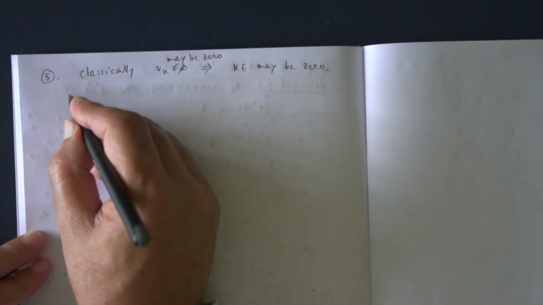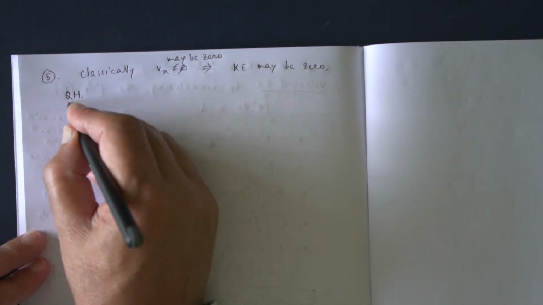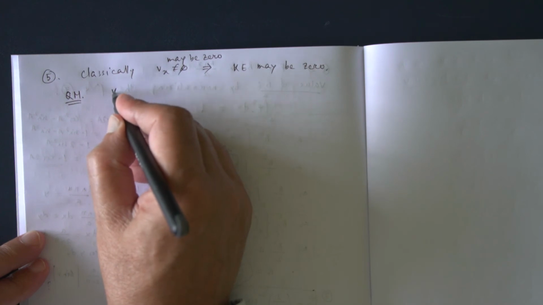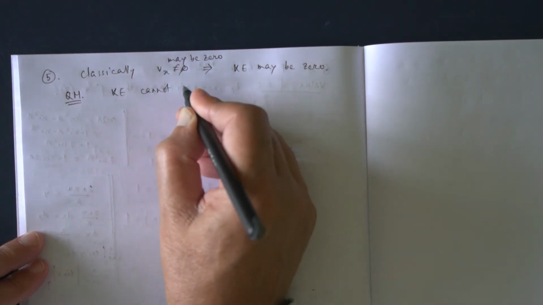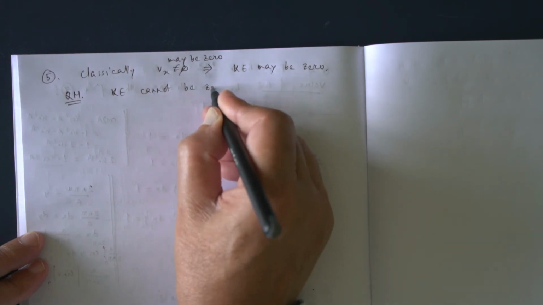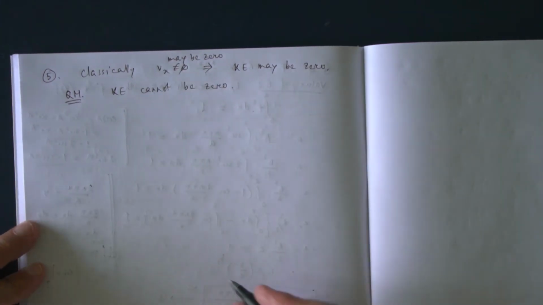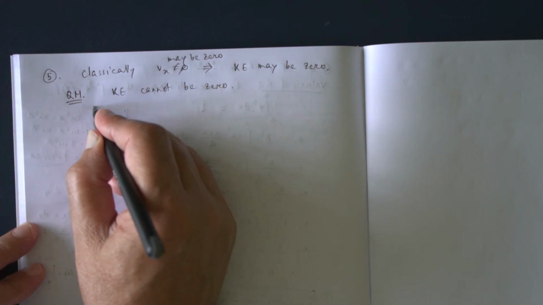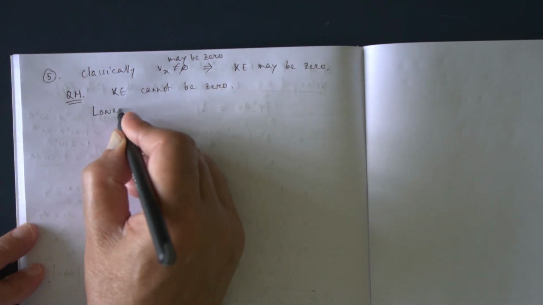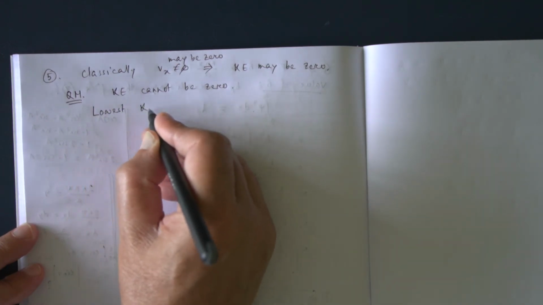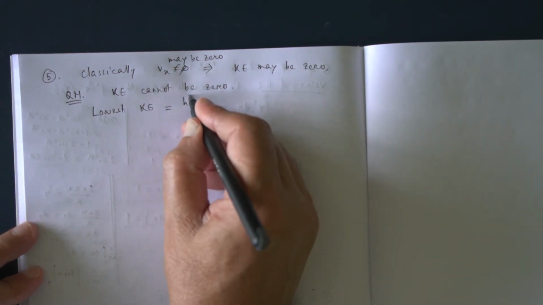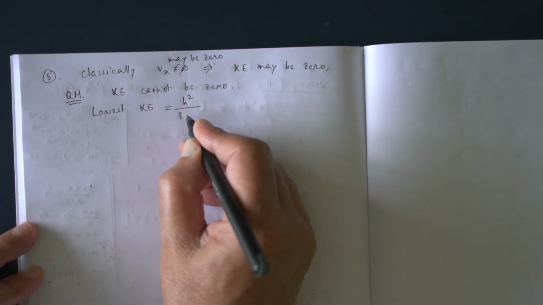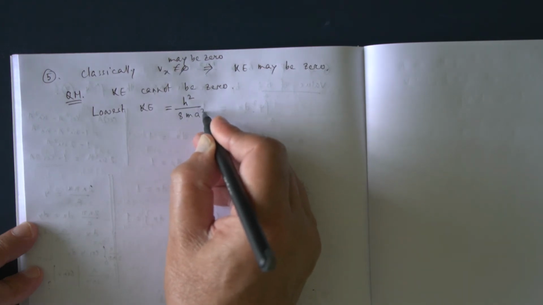But quantum mechanically, kinetic energy cannot be 0. Lowest kinetic energy is equal to h square by 8m a square.